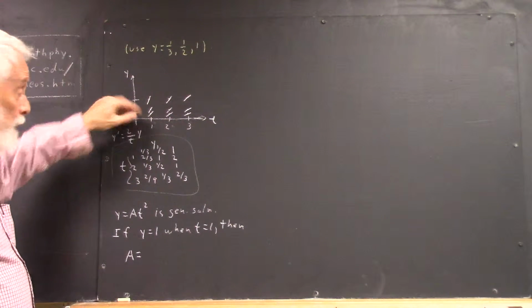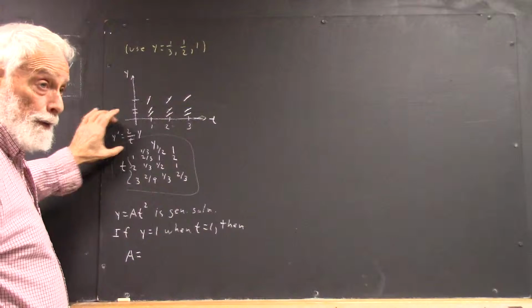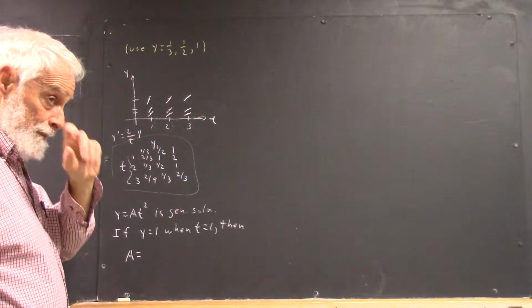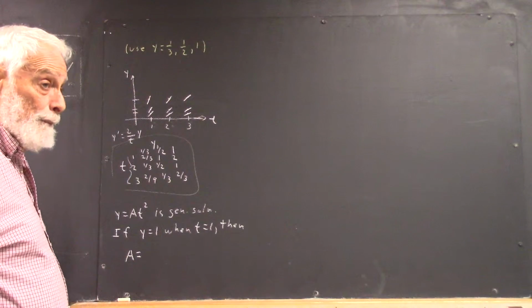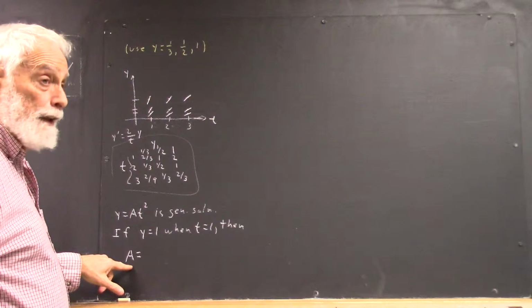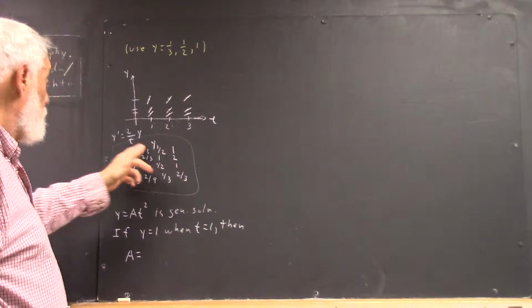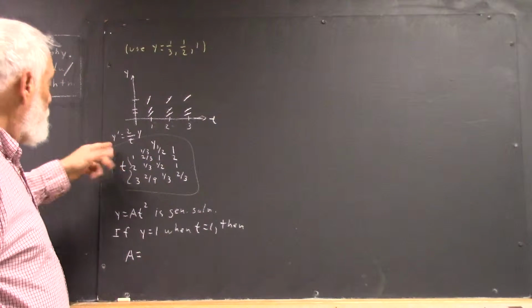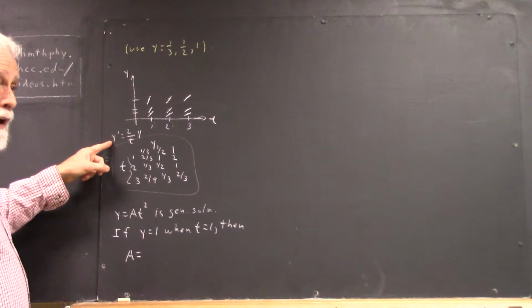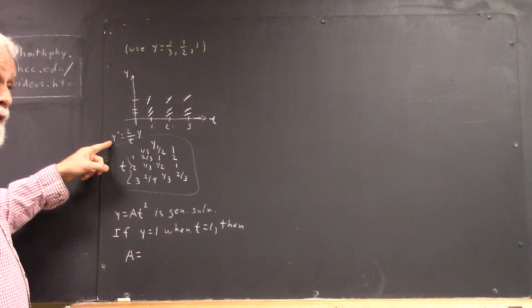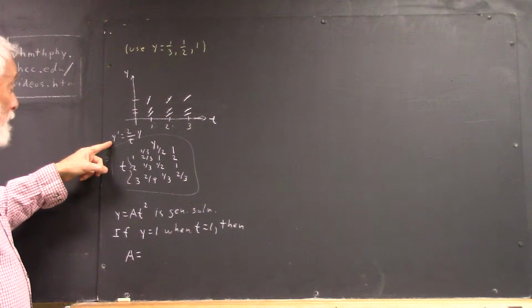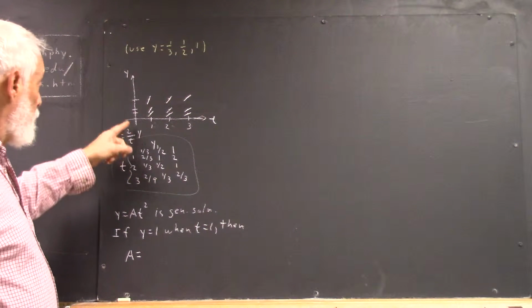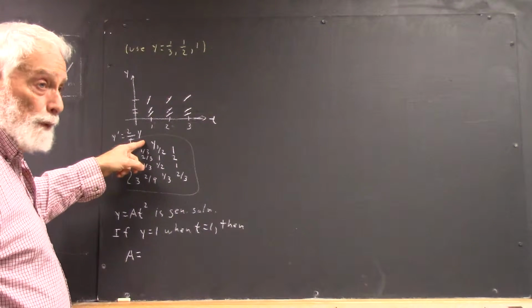You can't put any constant in here. But y is equal to at squared. And of course, if you have an a in front of your t squared, it's going to work on both sides, right? If you put at squared in for y here, the derivative is going to be 2at. And over here, you're going to get 2 over t times at squared, which is 2at.